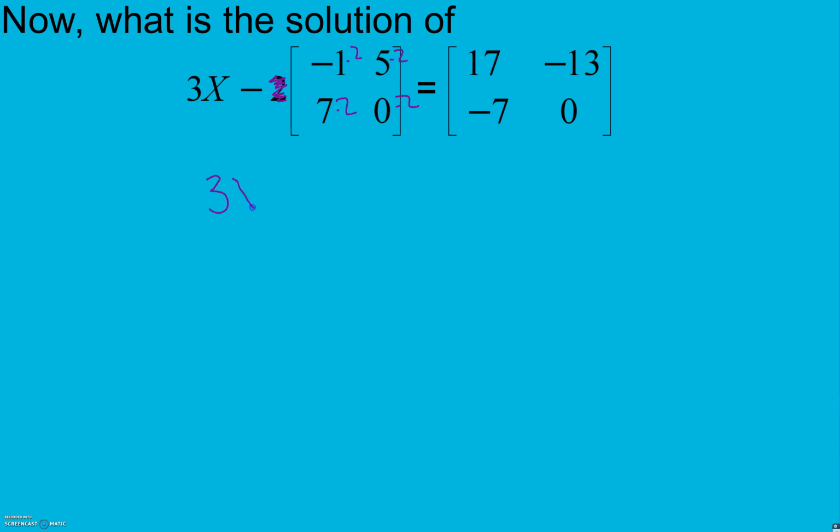So I have 3 times matrix X minus negative 2, 10, 14, 0. And the reason that I did that, guys, I know usually we take the sign with the number, and you definitely can, but now I'm just going to add this matrix.